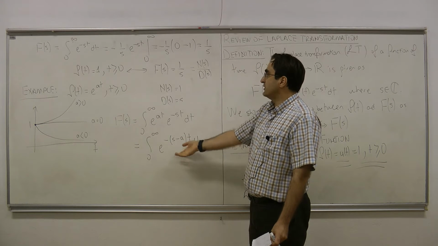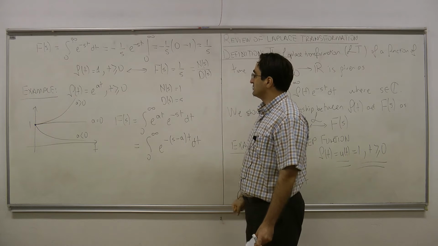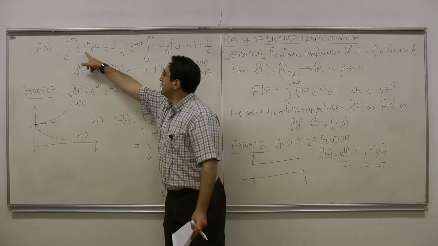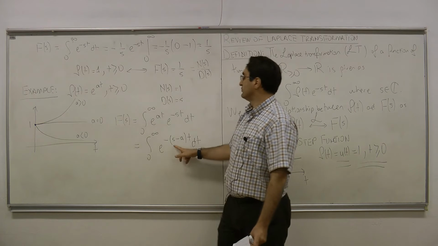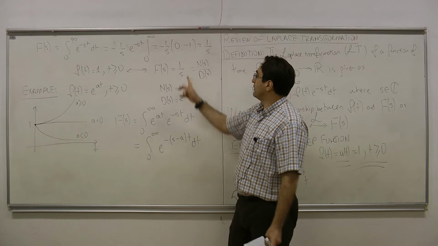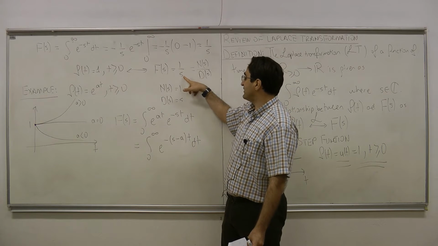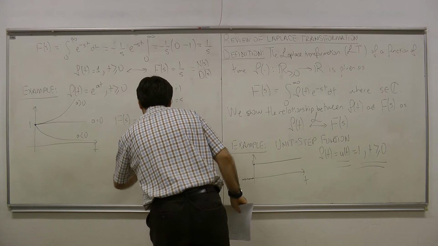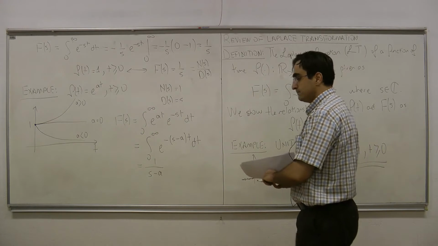You can try to take the integral again as I did there, and then evaluate it at the limits. But here I see that the difference is nothing but that I change s into s minus a. So the result here should be what happens when I replace s with s minus a. So this is going to be just 1 over s minus a.